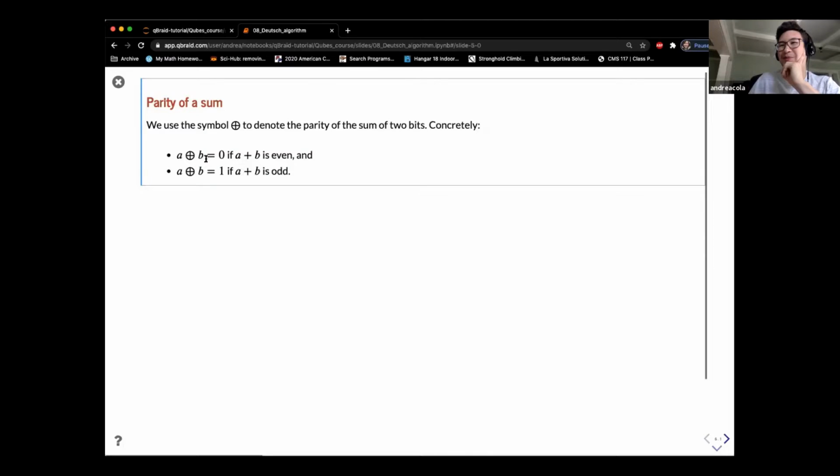So A XOR B is equal to 0 if A plus B is even, in other words, if A plus B is either 0 or equal to 2. And A XOR B is equal to 1 if A plus B is odd. And here A and B are just bits, so they're either 0 or 1. Okay. Does the definition of this XOR symbol make sense?